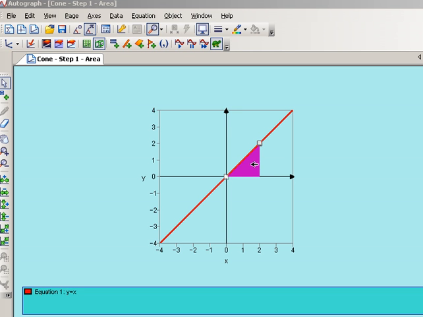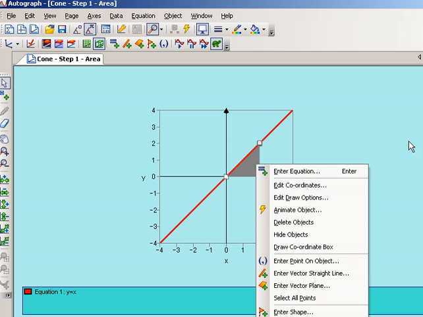Now if we take this shaded area and rotate it one complete turn, so 360 degrees around the x-axis, you generate a volume, and the three-dimensional object that you get will be a cone.